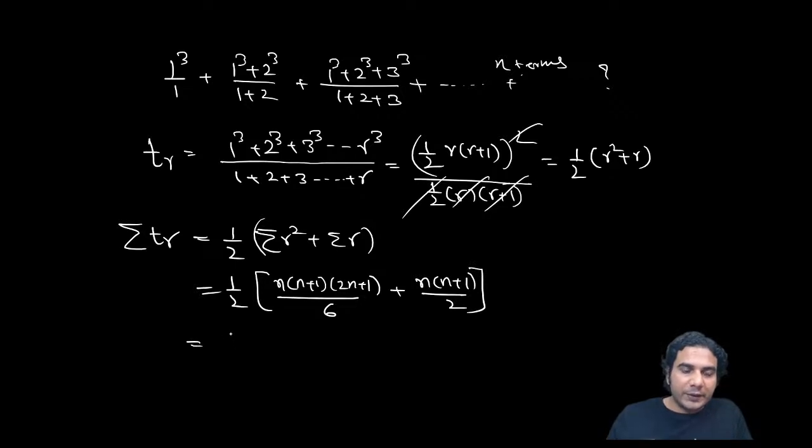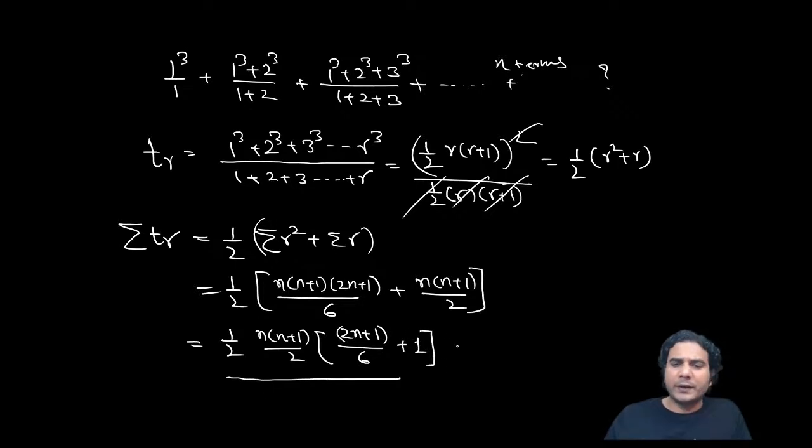So you can take n into n plus 1 by 2 common, and it is going to be 2n plus 1 upon 6 plus 1. You can further simplify it if you want. Even if you take LCM, it is going to be n into n plus 1 into 2n plus 7 divided by 24. All right. That is it.